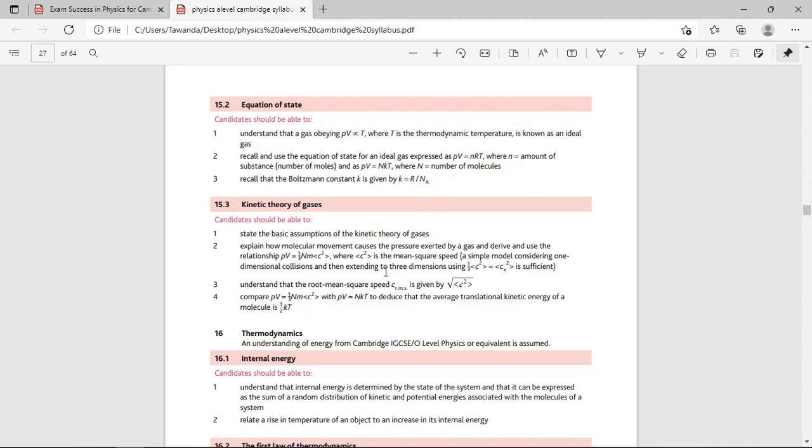So we will look at that as one topic with the kinetic theory of gases. Under this, you need to state the basic assumptions of the kinetic theory of gases. We also need to derive this formula.